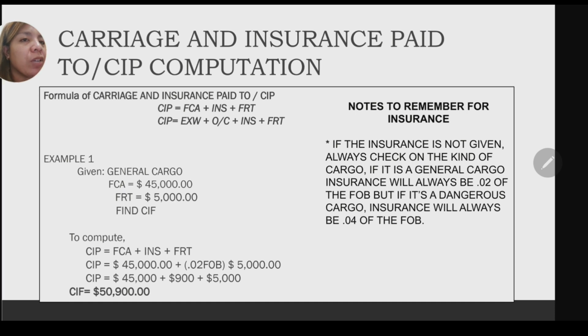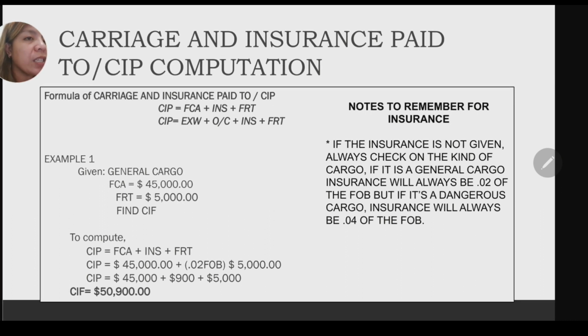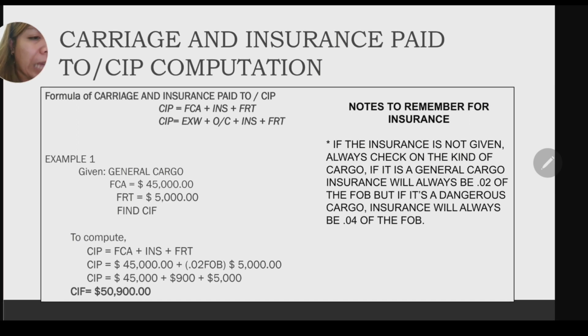Since there is an insurance value in our CIP, we also need to note the importance of the insurance, and the important reminders regarding Incoterms that have insurance in them. If the insurance is not given, we should always check the kind of cargo.